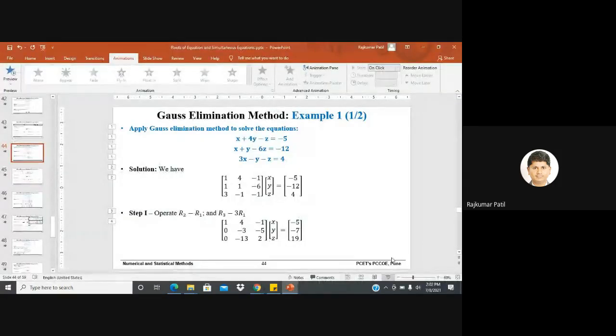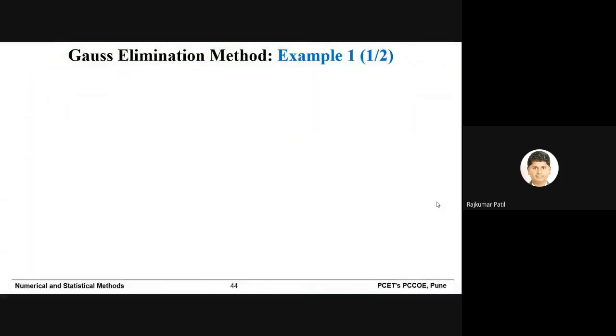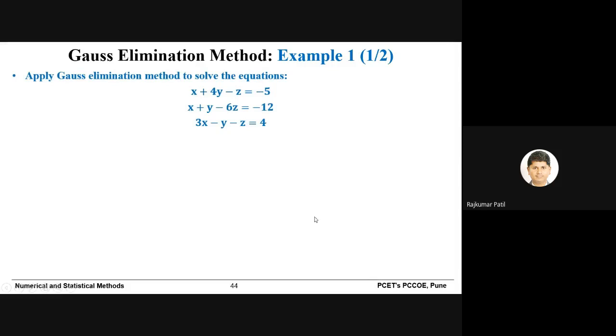Okay, so before going to the new method, I wanted to quickly review the Gauss elimination method, and I expect you to contribute at different steps. In Gauss elimination, generally a set of equations is given to you. For example, in this case, there are three equations and three unknowns, x, y, and z.